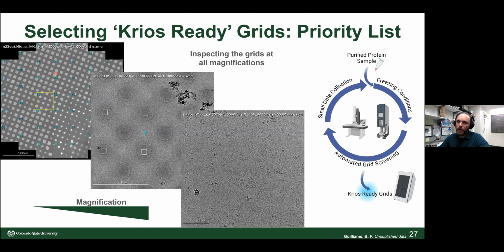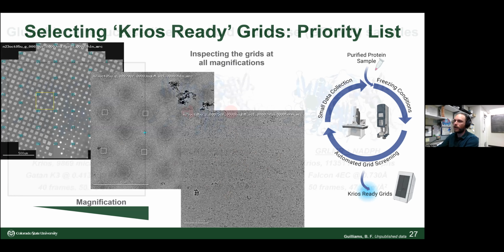A gradient is good because it gives you different kinds of ice to collect in. You want to look at the hole level images, right? You want sample to be in your holes. If your ice is too thin, then you get lots of holes that are empty. And when you have a long automated data collection, you collect a lot of nothing. And then, of course, you look at the protein level images to make sure that there's protein there that looks good.